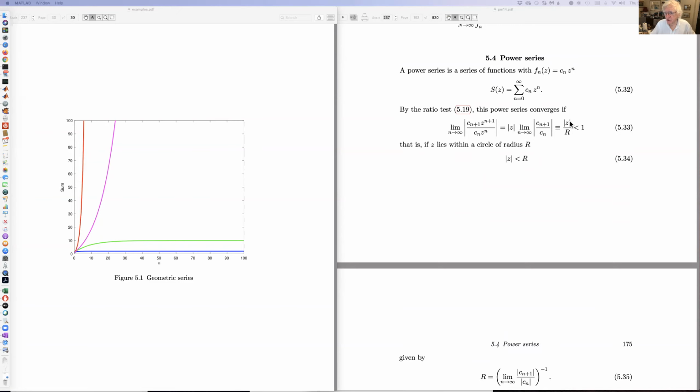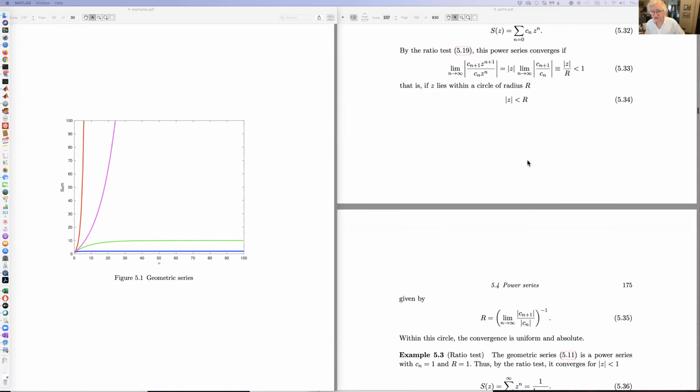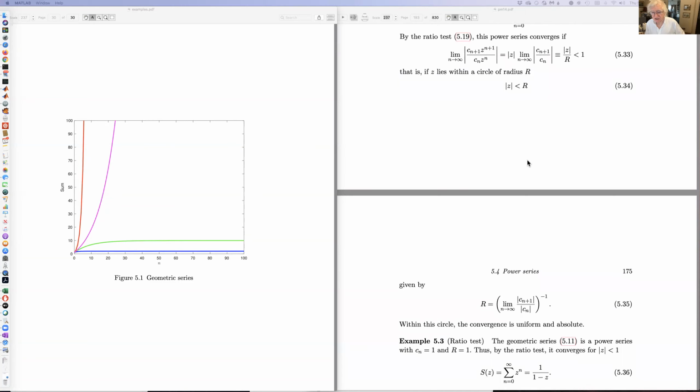And if we call the limit 1 over r, and if 1 over r is less than 1, which is to say that z is an absolute value less than r, then we have convergence. And another definition of r, if you just rewrite this equation, you see that r is the inverse of the limit of this ratio.